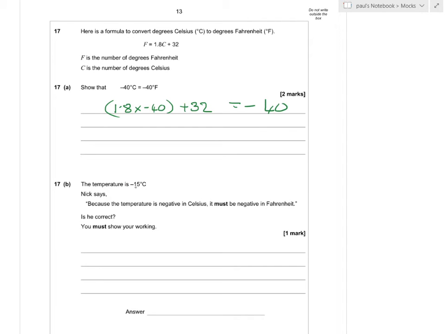Right, the temperature is 15C. Because the temperature is negative in Celsius, it must be negative in Fahrenheit. Is he correct? Well, I don't know, let's work it out.